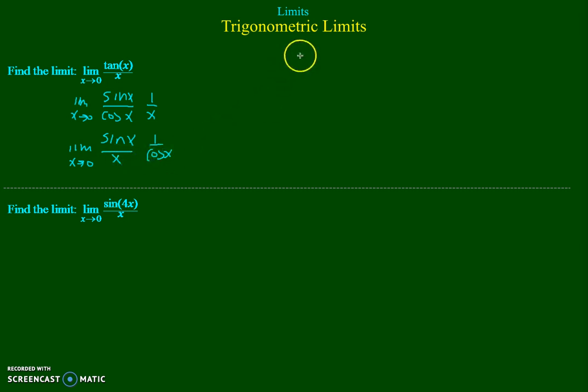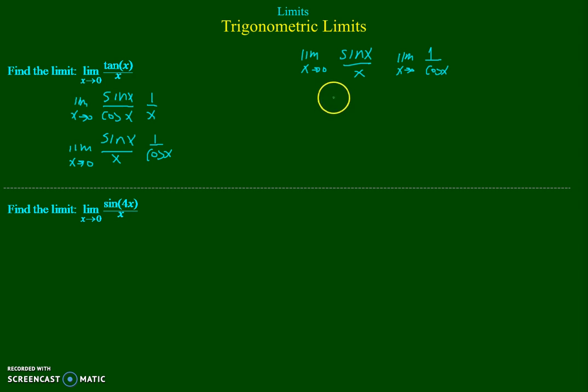So let's go up here and split this apart. So this is equal to the limit as x approaches 0 of sine x over x times the limit as x approaches 0 of 1 over cos x.